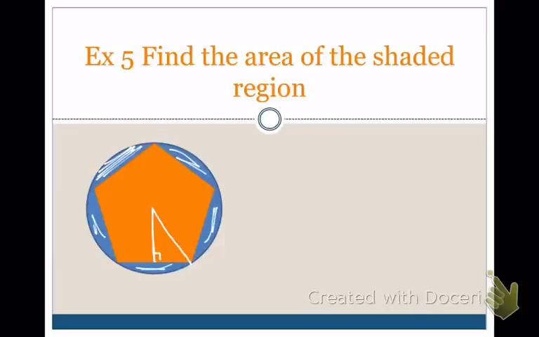Well, easy enough, right? We just need to find the area of the circle, which is pi r squared, right? And this is r, that's your radius. When we find that, then we're just going to subtract out the area of this regular polygon, 1/2 a s n. So the apothem, I believe, has been given to you, and I can't remember if the radius was or not.